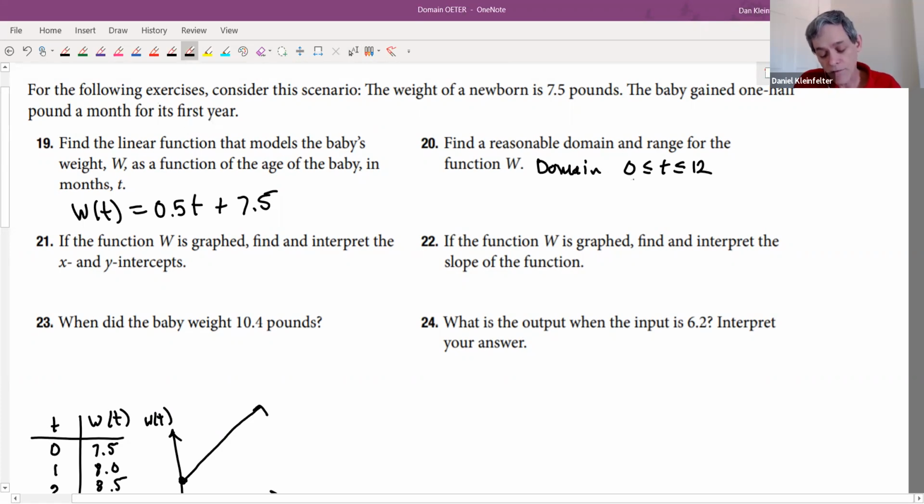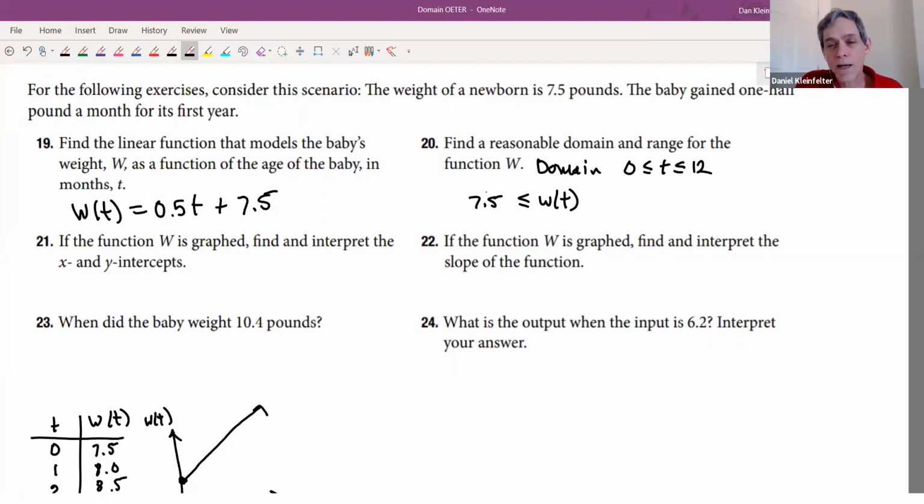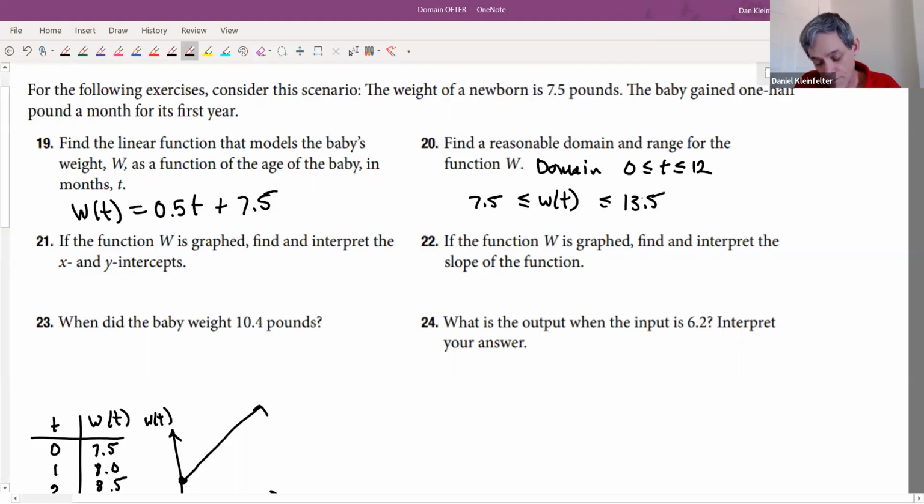Then for the range, W of T, we know the minimum is 7.5 pounds. If the baby is going to gain a 1/2 pound every month, that means it would gain 1 pound every 2 months. And so in 12 months, it will gain 6 pounds. 7.5 pounds plus 6 pounds is 13.5 pounds.